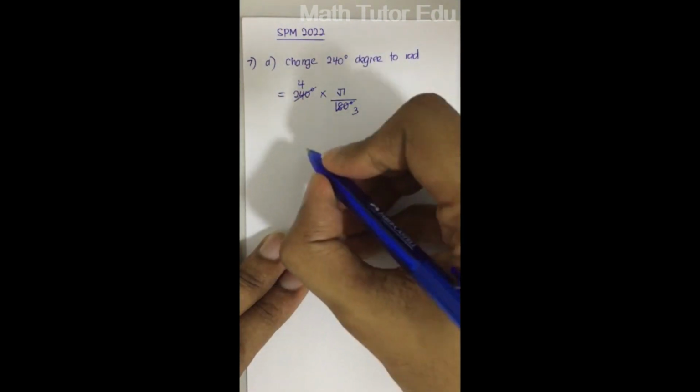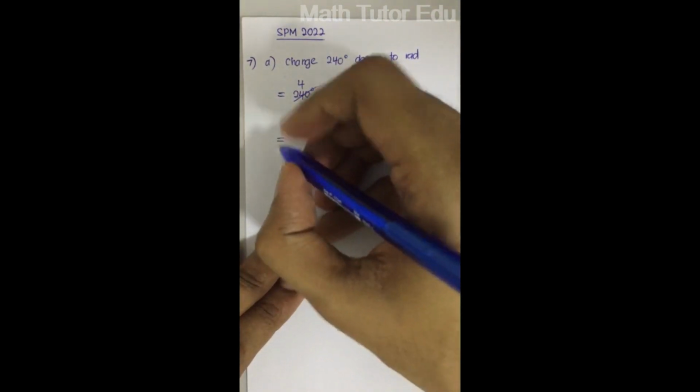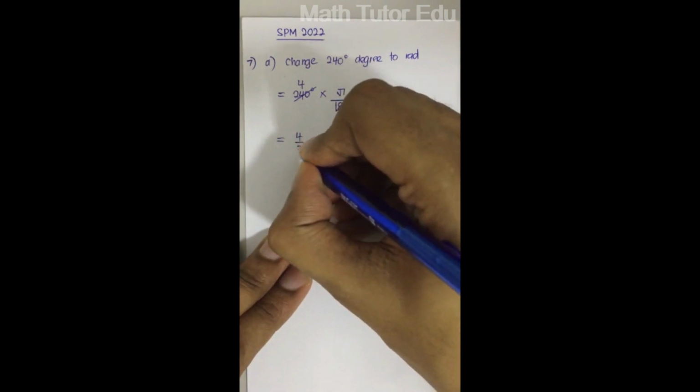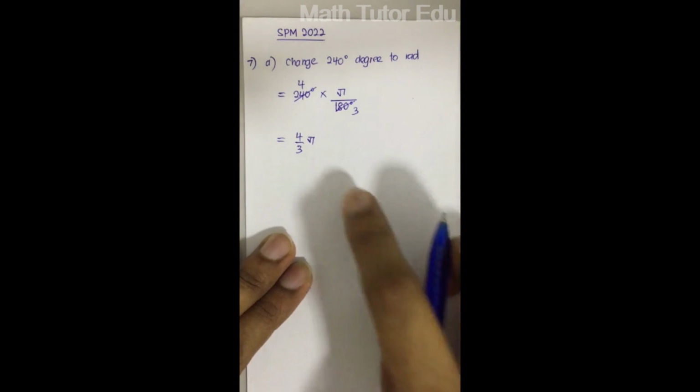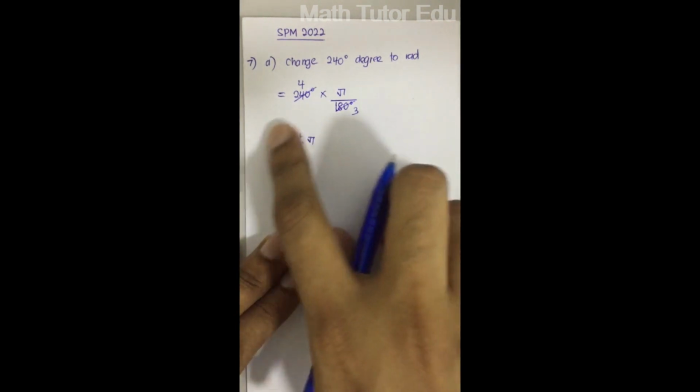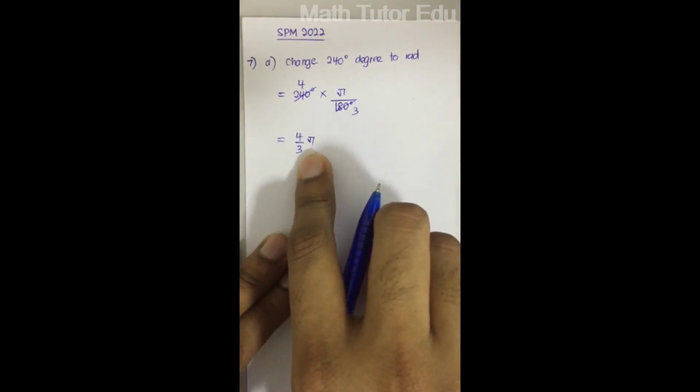So from here you should get 4 over 3 pi. This is for the major sector angle AOC, or should I say angle DOC, that would be better, guys.